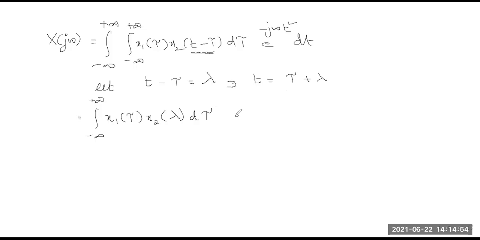In place of t, we can put tau plus lambda. And then this gives us that dt is equal to d lambda. And of course, we have this other integral as well, from minus infinity to plus infinity.